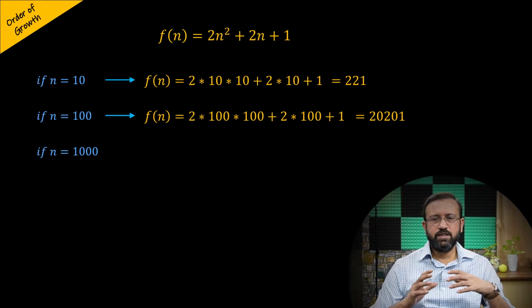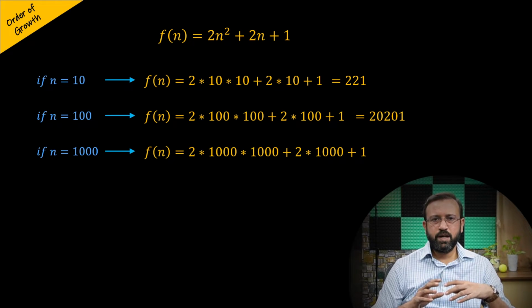And if n is 1000, then the function f of n will be 2 multiplied by 1000 multiplied by 1000 plus 2 multiplied by 1000 plus 1, which is 2,002,001. Therefore, we say that runtime function f of n grows as the size of the input n grows.